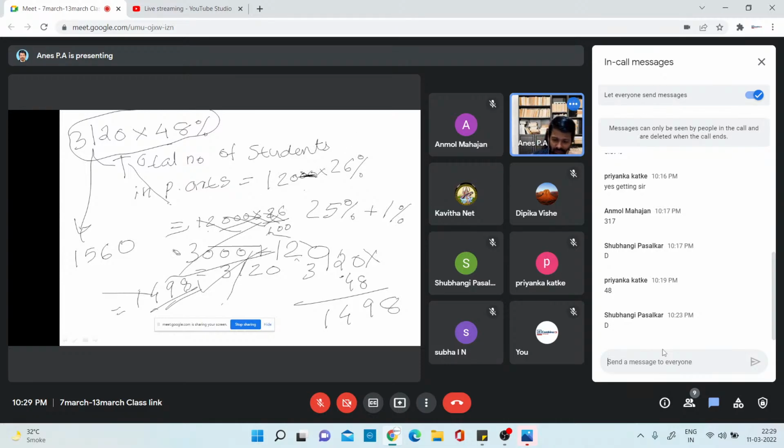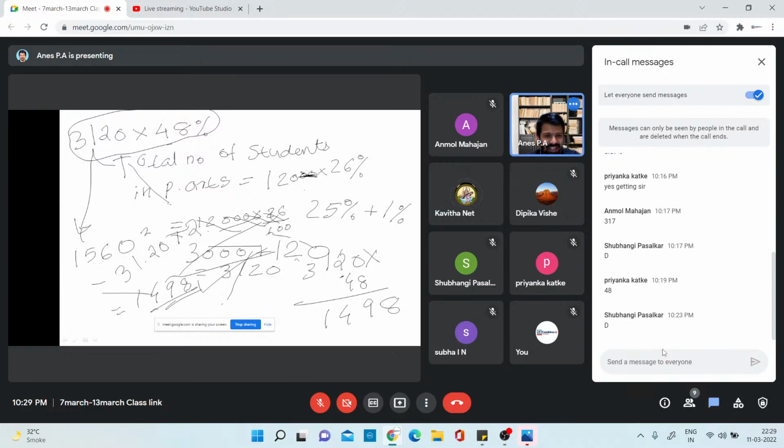So, what is 1% of 3120? Just a second. 1% of 3120 is 31.20, and into 2, right? You got it? 1% of 3120, you just divide it by 100.